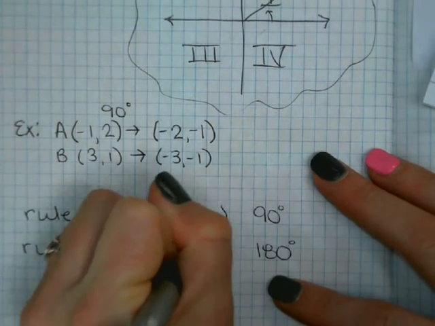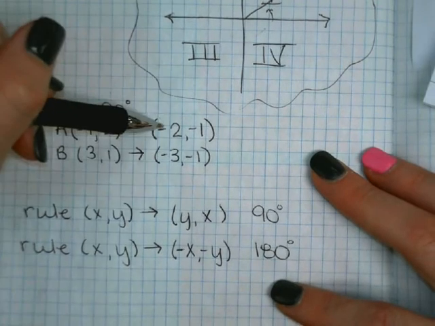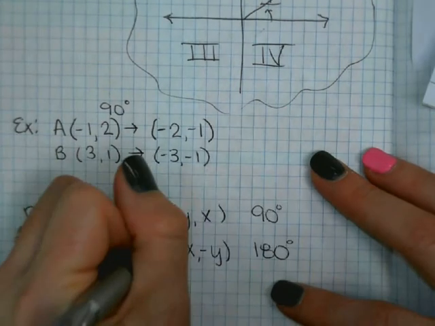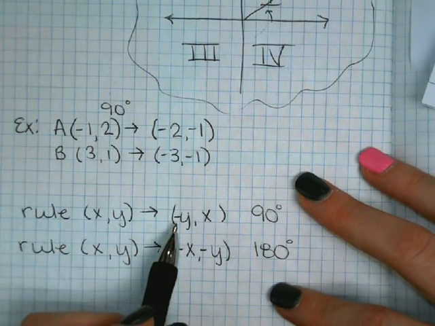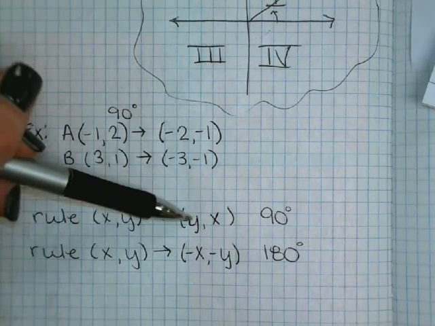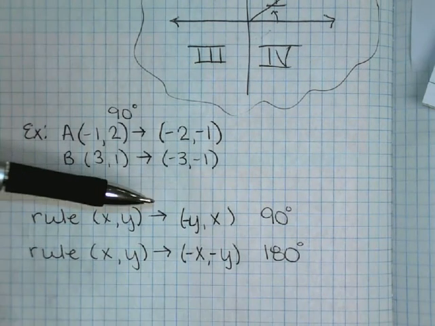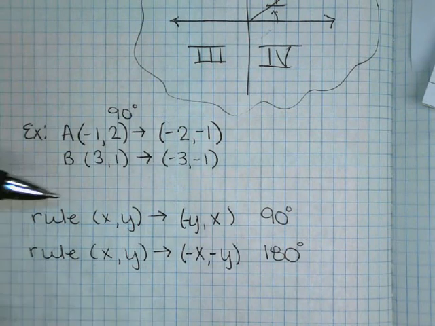It went from (-1, 2) to (-2, -1). So first, notice that y became the x and x became the y, and that my y coordinate was negated. So here's a little rule: I flip their positions, and then I negate the first one. If it was negative, it becomes positive. If it was positive, it becomes negative.